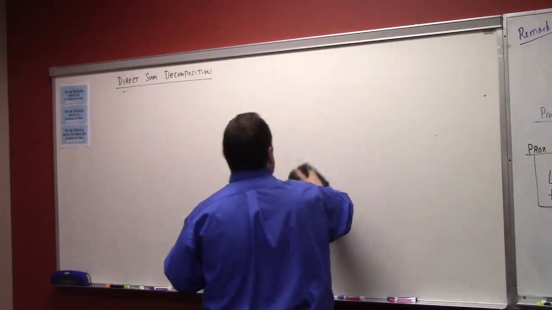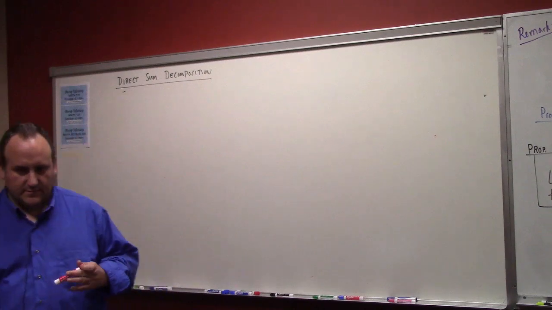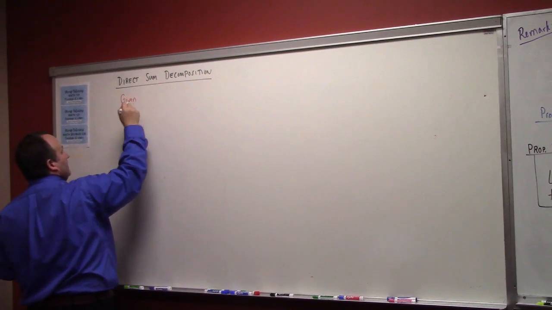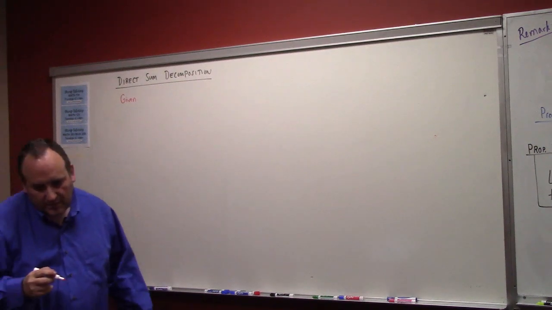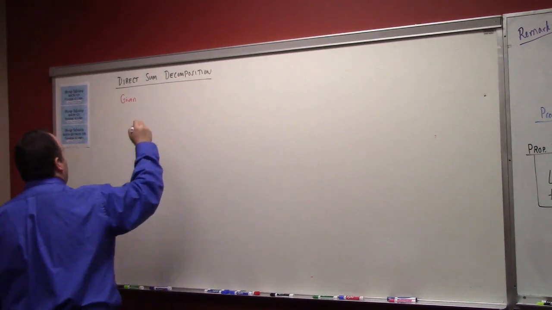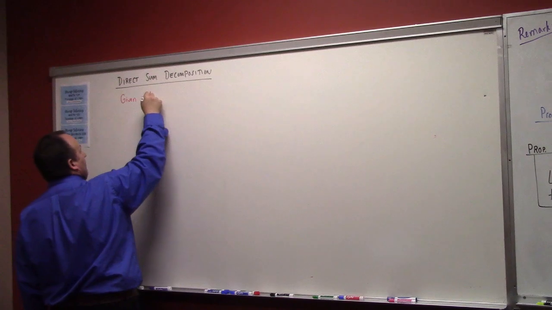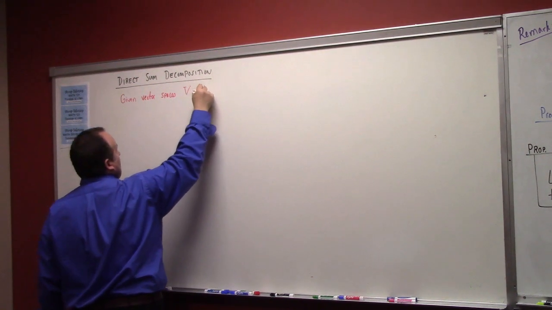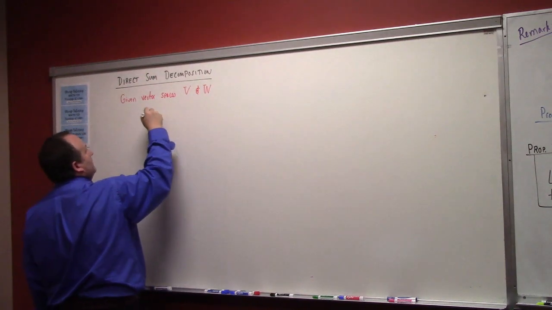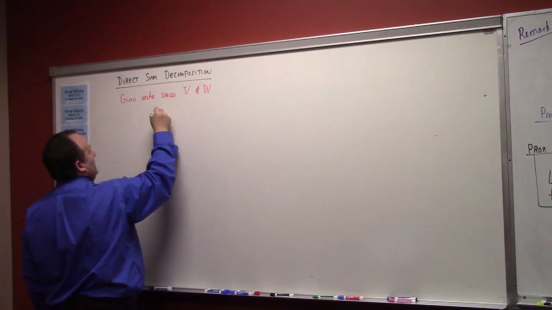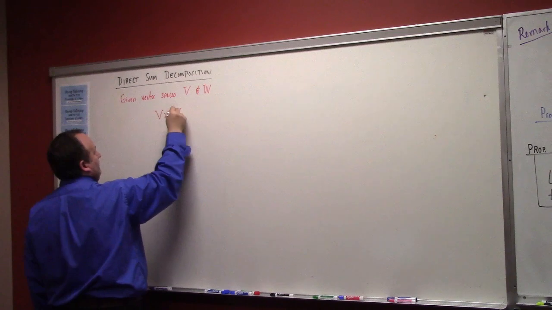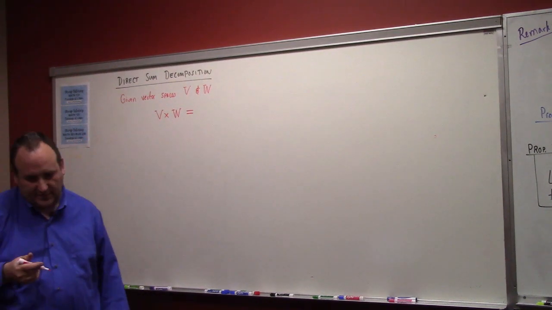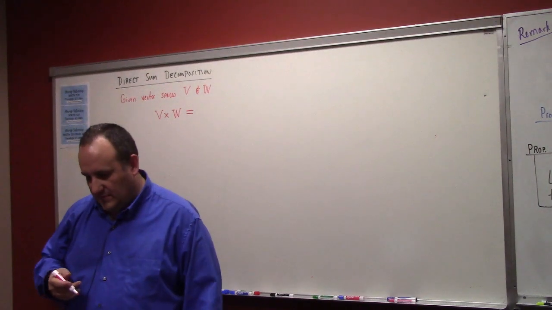The external direct sum would be, given, I'll stick with the notation in my book, given vector spaces V and W, V cross W. We could take the Cartesian product, as you know.